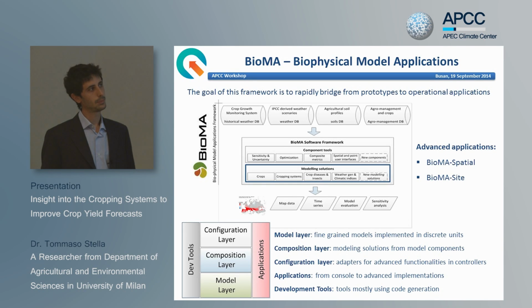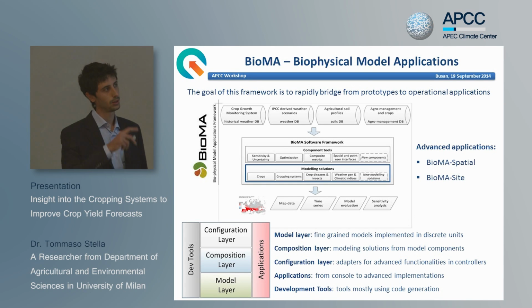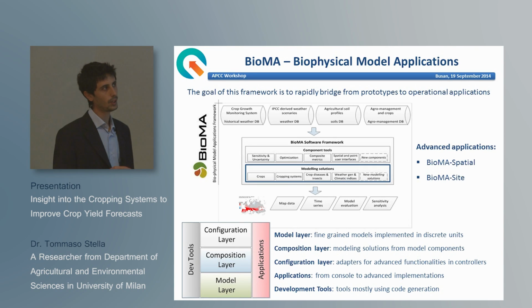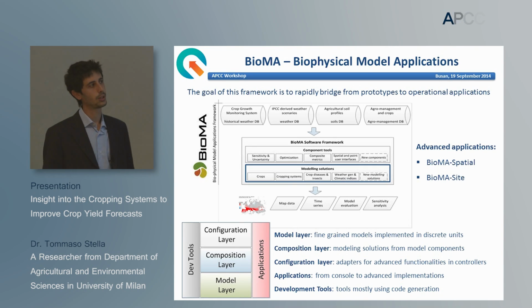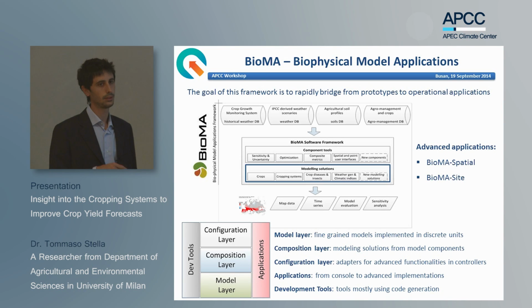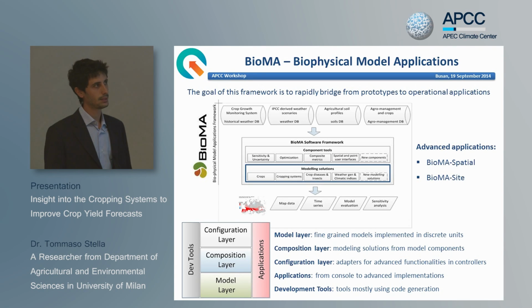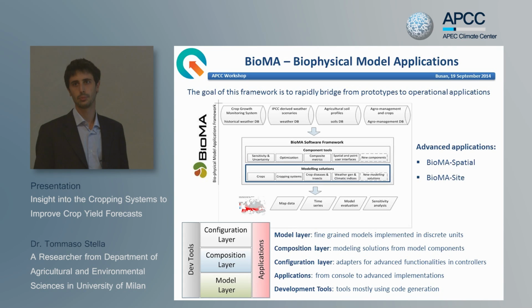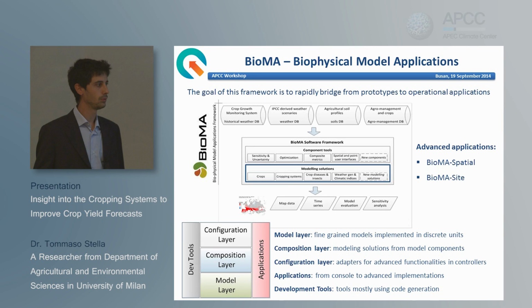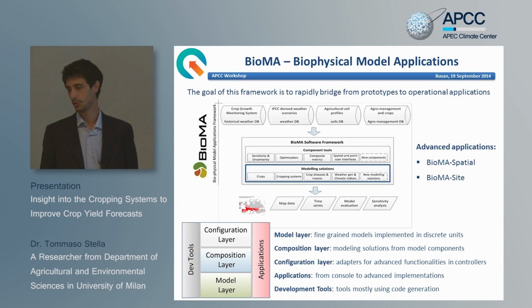For example, Bioma Spatial is an application which allows to run modeling solutions against spatially explicit units, like, for example, polygons or grid cells. And this is the application we use for forecasting purposes. And then we have a number of development tools, mostly used for code generation and for simplifying the life of people who develop these kinds of models and solutions.